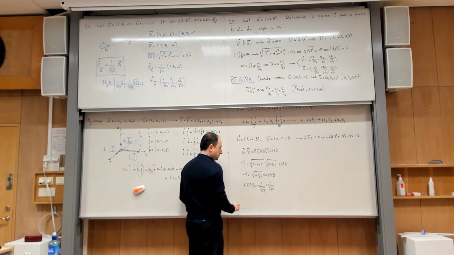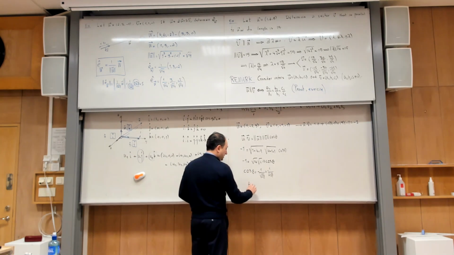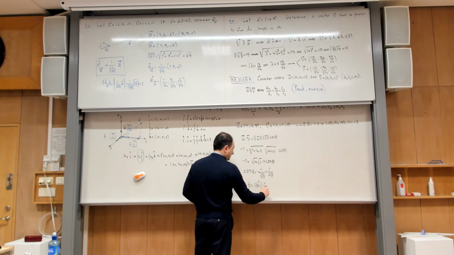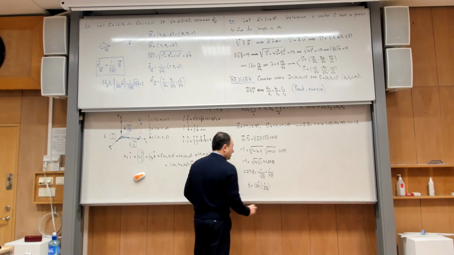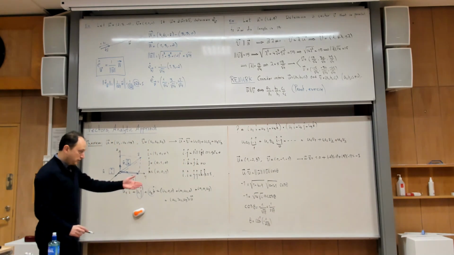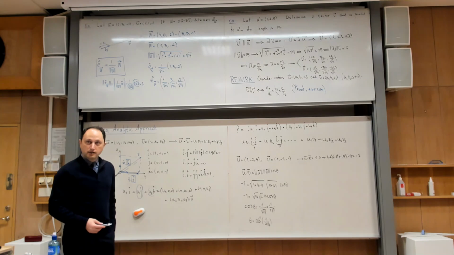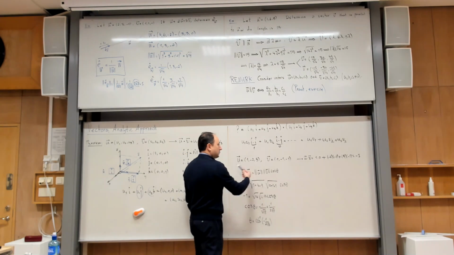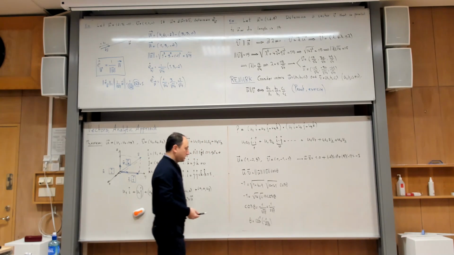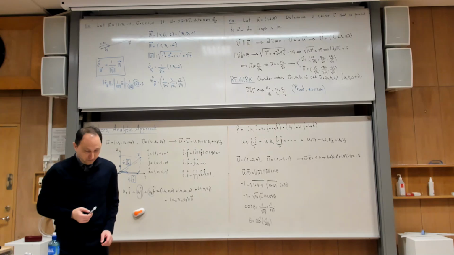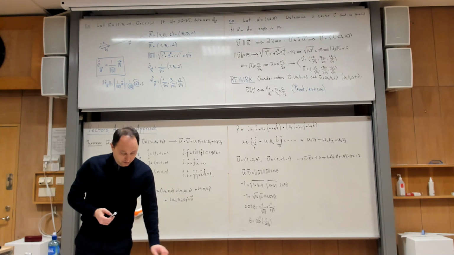If I ask you for the exact value of theta, we can say it is cosine inverse of that number. You see, combining the analytic perspective and the geometric perspective gives you calculational abilities. So now we can calculate the exact angle between these two vectors, and that is exactly what is here.